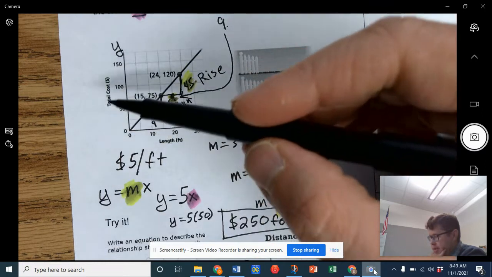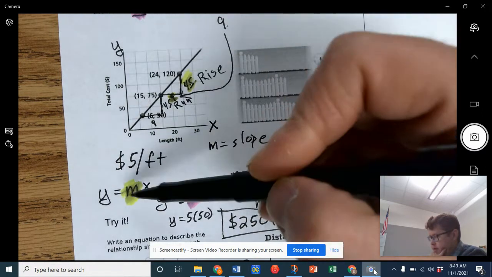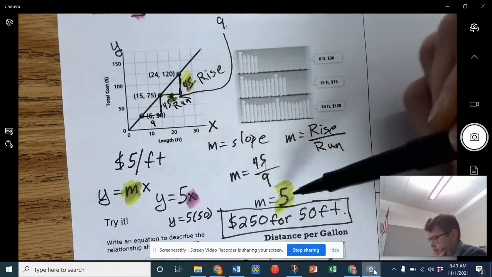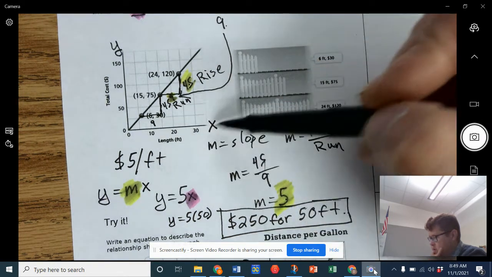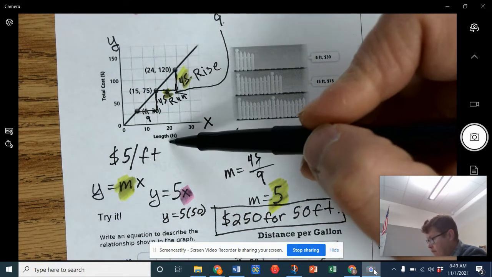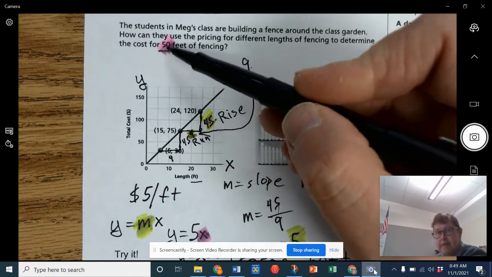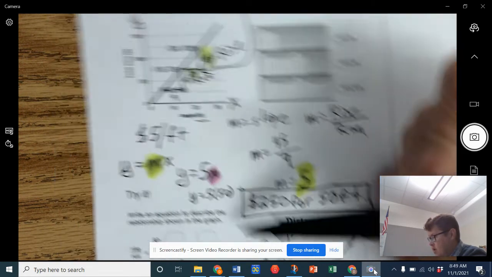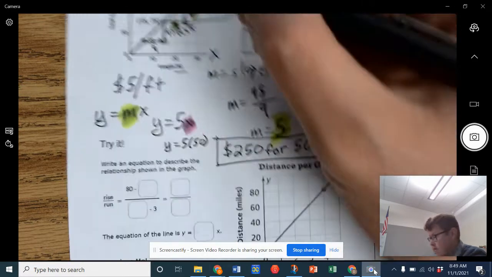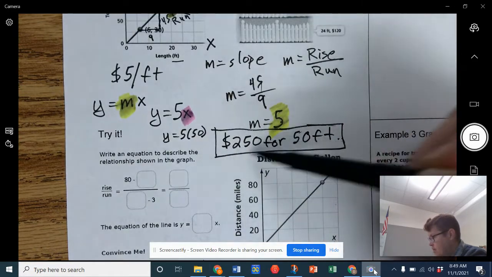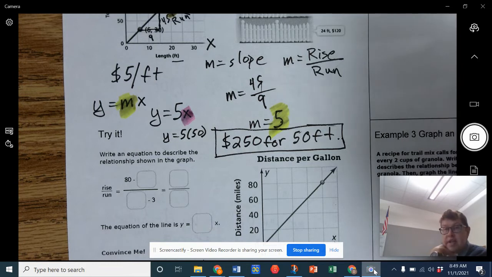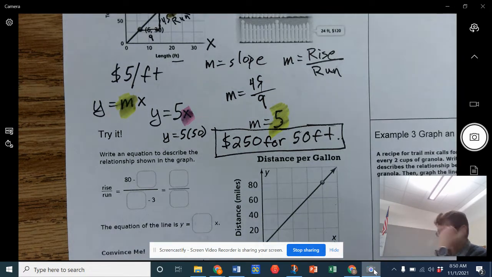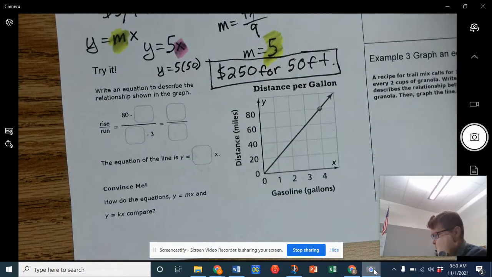You will get the answer for your y values if you take your slope, which is 5, and multiply it by the x, which in this case is 50 feet. So our slope of 5 times the 50 feet we're looking for gives us 250. That's how much it costs for 50 feet of fencing. Ta-da! That is your linear equation right there.